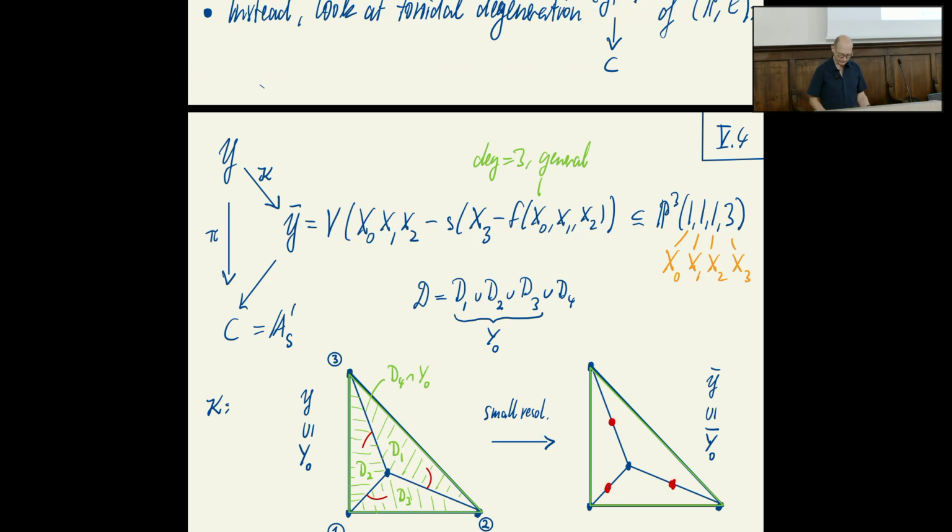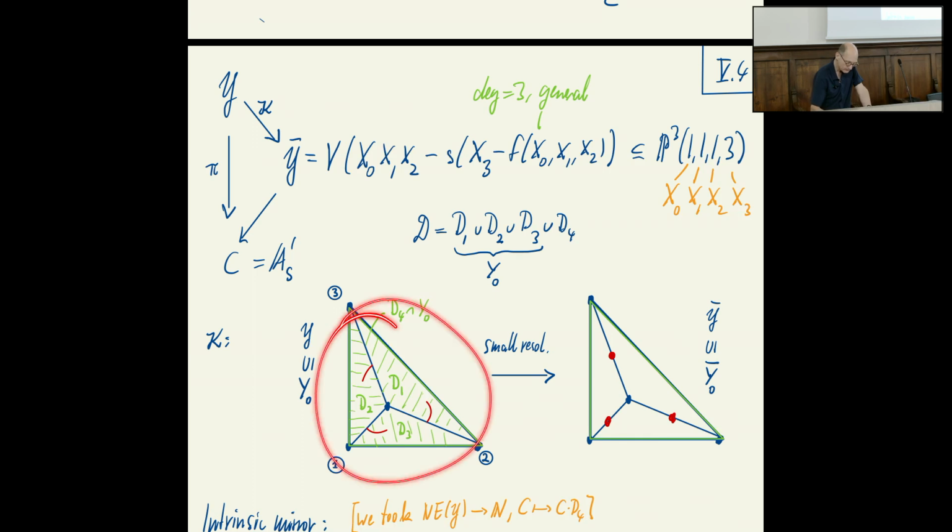We know how to resolve them simply by blowing up in some order. I did it in a way that is actually not projective, but let's not worry about it. You can still do it. So that's the scheme that you get. You see here, you get these 3 copies of P1 that are the exceptional curves of this small resolution. So what is my divisor?